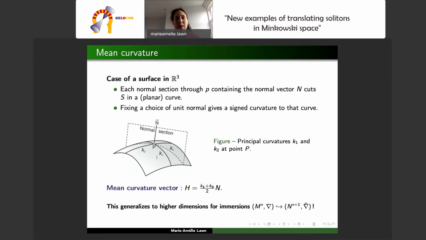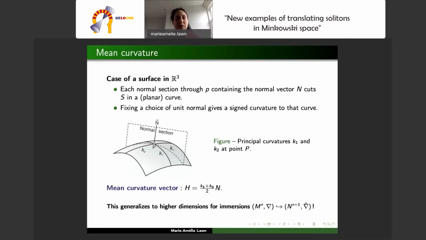So what we can do is take a normal section and cut the surface, and this defines a unique planar curve, and we can take the curvature of this planar curve. But of course, we have many normal sections we can take at a particular point.